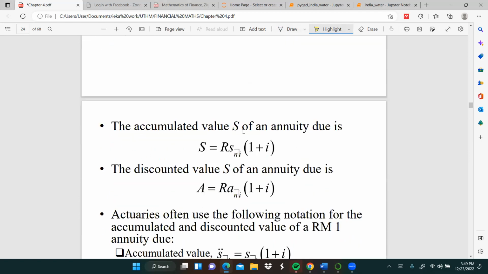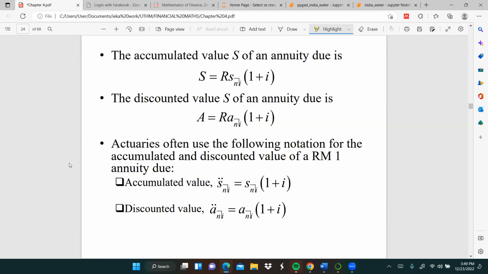So the accumulated value S of an annuity due is S equals R, S angle N at I, times 1 plus I. The discounted value is R times A angle N at I times 1 plus I. Actuaries often use the following notation for the accumulated value and discounted value of RM1 annuity due.